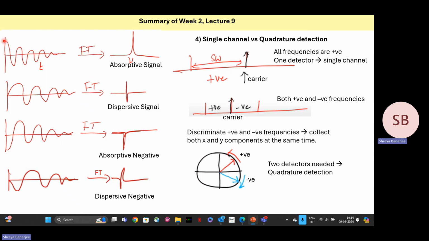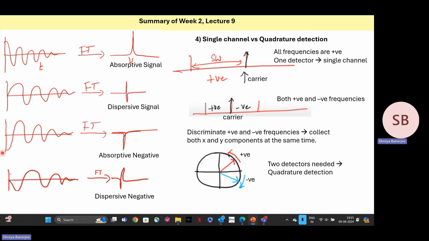The basic thing you need to know is that if it is a cosine wave that is maximum at the beginning, then the Fourier transform will give rise to an absorptive signal, that is a signal only in the positive direction. If it is a sine wave where initially the value is 0, Fourier transformation will give rise to a dispersive signal where you have both positive and negative components.